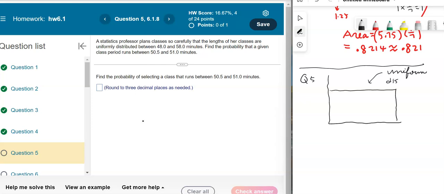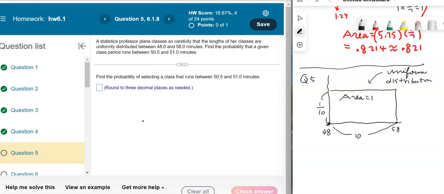Uniform means a straight line, between 48 and 58 minutes. So starting at 48, it doesn't have to start at 0, to 58. So this length is actually 10 minutes. Because it's 10 minutes, and area is equal to 1, the height must be 1/10.